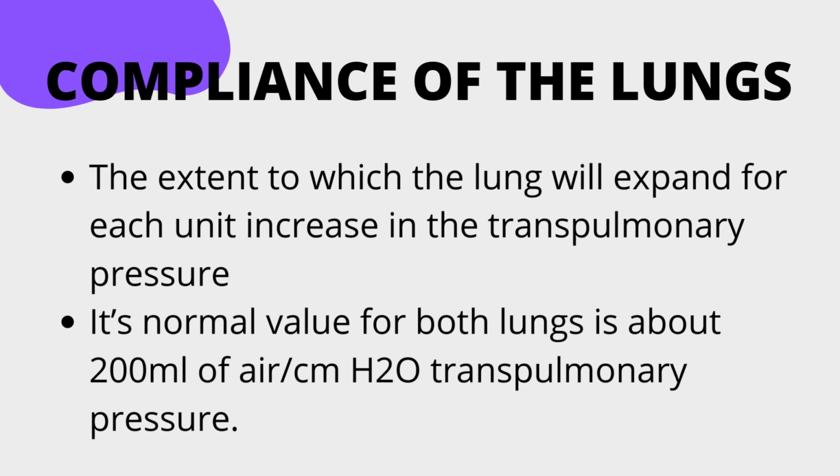That is, for each unit increase in transpulmonary pressure, 200 ml of air is going to fill the lungs, or the lungs are going to expand by that much. In easier words, it's just the ease with which the lungs can expand, and this compliance is affected in many more diseases, as we will discuss later in the second part.